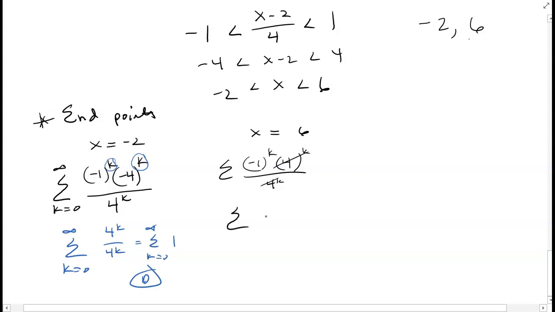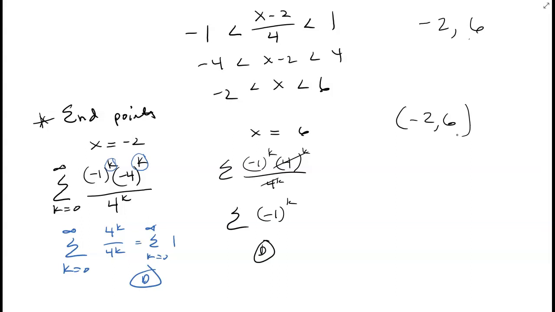Well, the 4 to the k's are going to cancel. It's just negative 1 to the k. Yeah, it's negative 1, plus 1, plus negative 1, plus, it still diverges. So you have negative 2, 6. That one was a little bit harder to determine the divergence and convergence. Some of the ones you'll do in the examples, it'll be a little bit easier to check those endpoints.